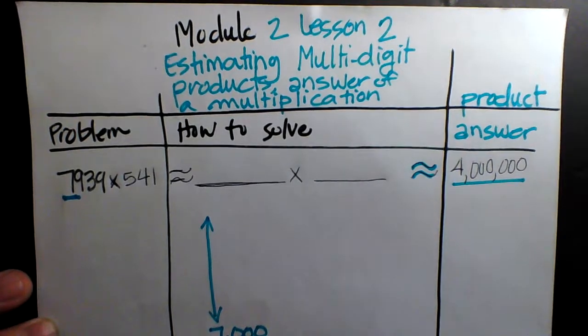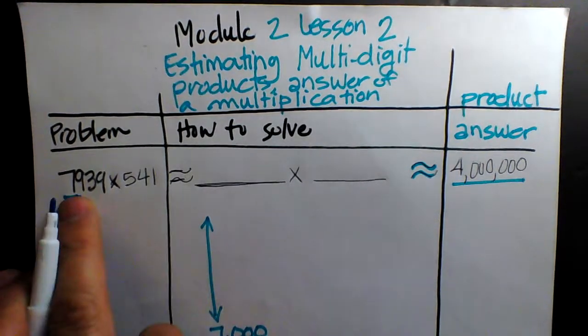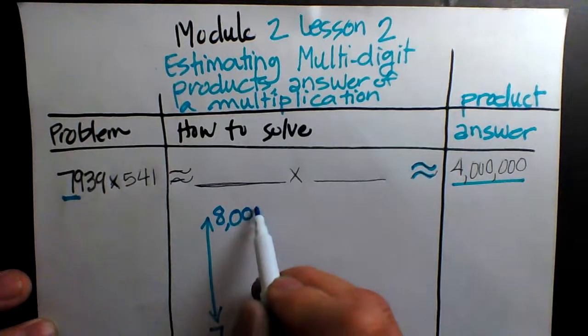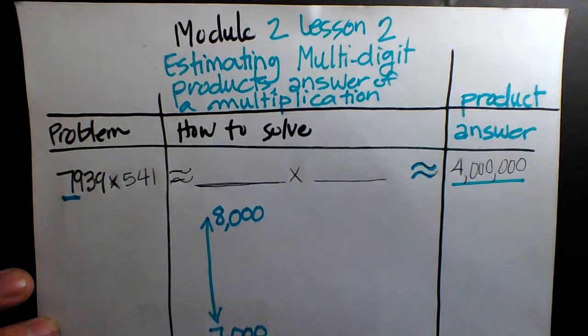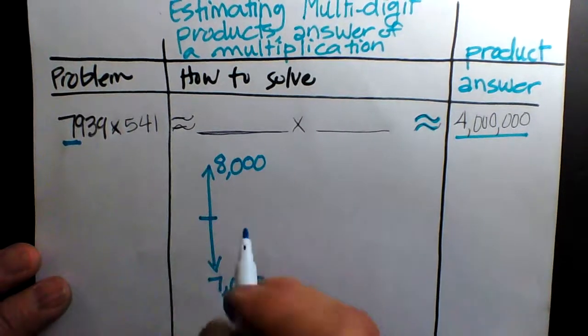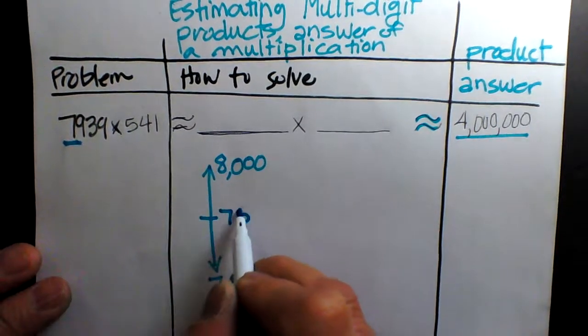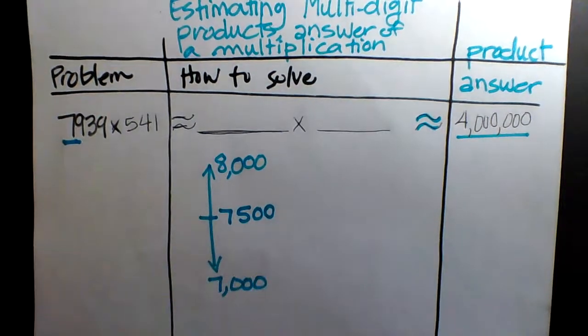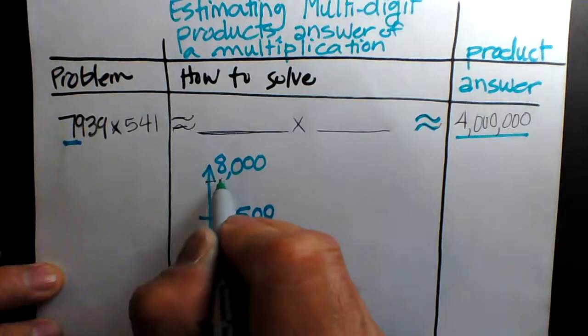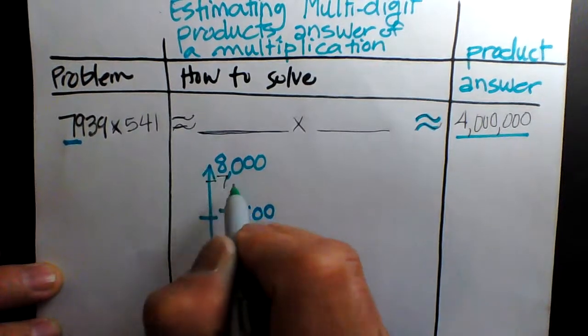This number is between 7,000 and 8,000. The midpoint would be right here, 7,500.